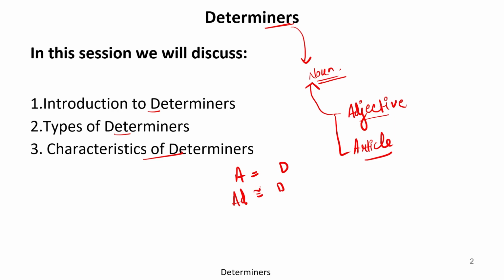You can say these are similar, but these are not accurately equal. How? Well, here we are not going to study mathematics like we do congruency and similarity in mathematics. But here we are going to just analyze the difference between determiners and adjectives. Basically, determiners are those words which behave like an article or adjective.